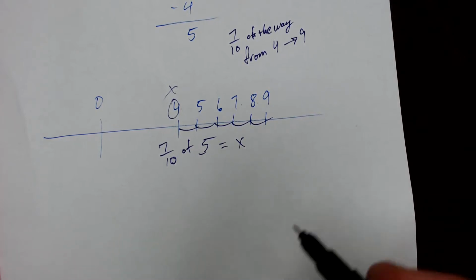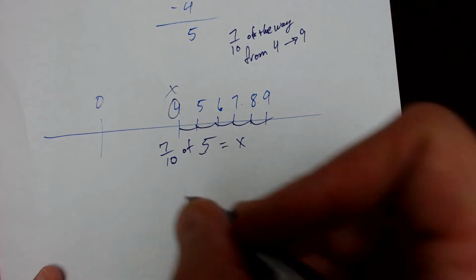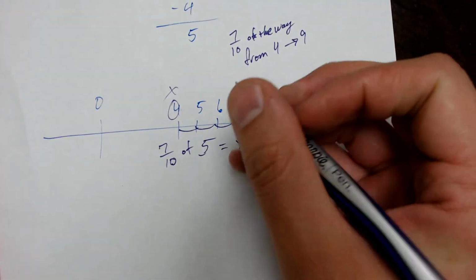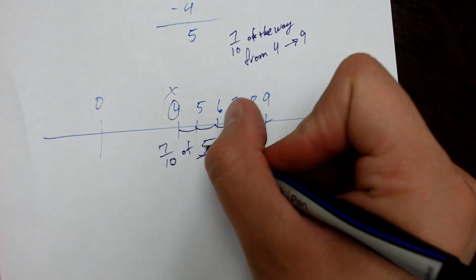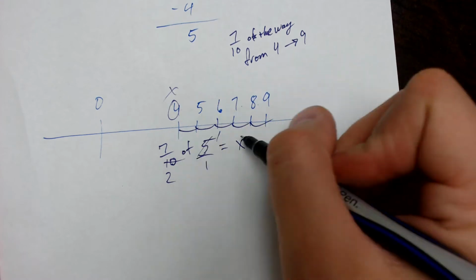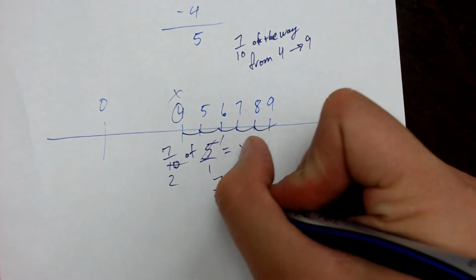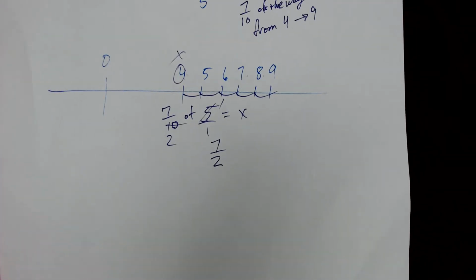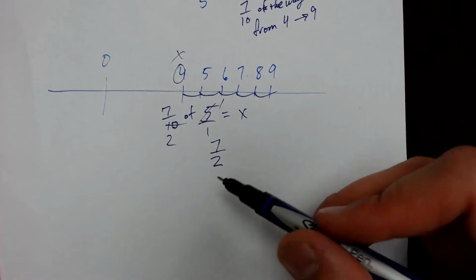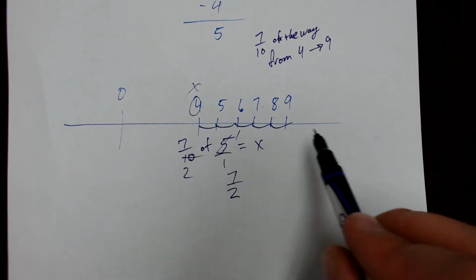Or 7/10 times 5 would equal x, right? So 7/10 times 5, I can cancel that, so then it becomes 7 over 2. So 7 over 2, that is 7/10 of the distance of 5.